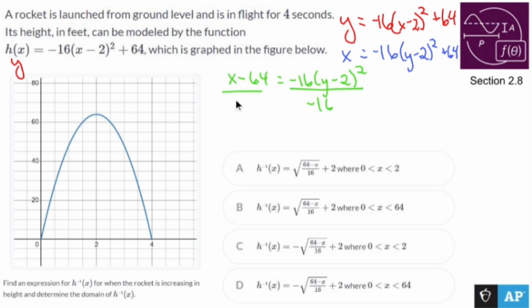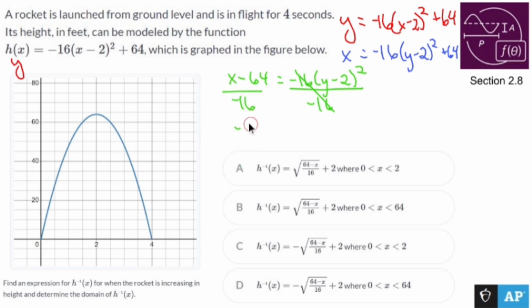And when you do that, I'm going to be a little clever here. I'm going to actually change this into negative x plus 64 over positive 16. I'm flipping all the signs because I'm dividing by a negative. I don't think you have to do that, but I don't see any negative 16s lingering down here, so I'm going to make it positive.